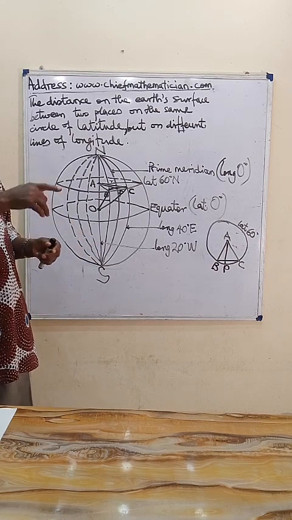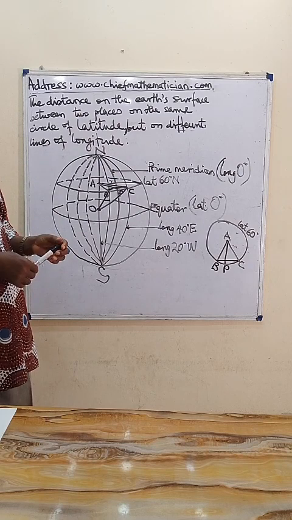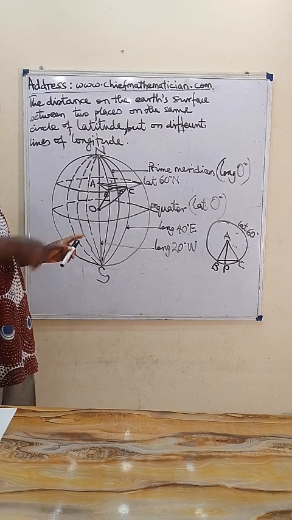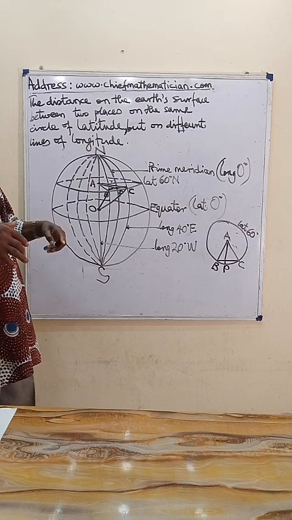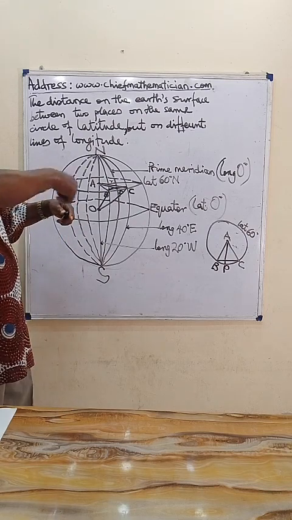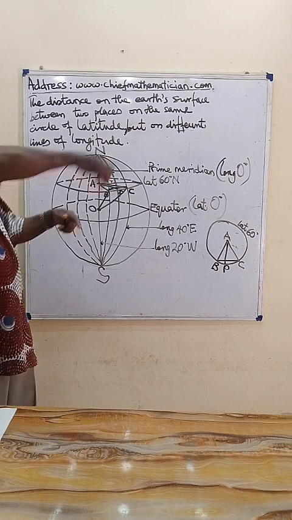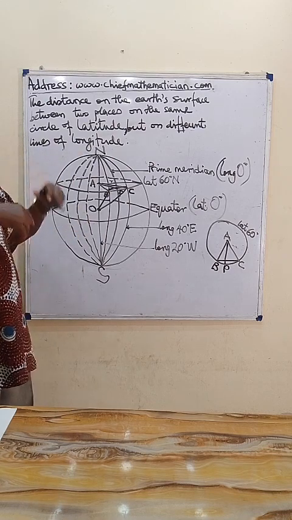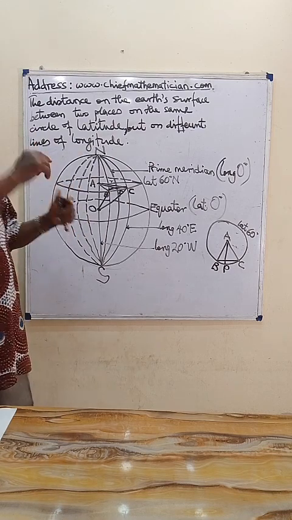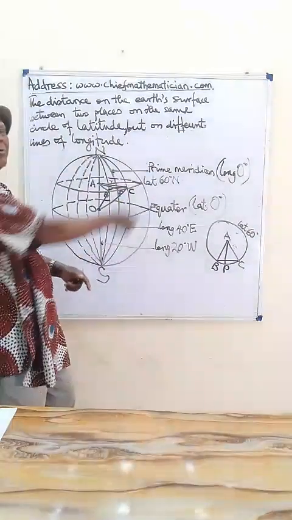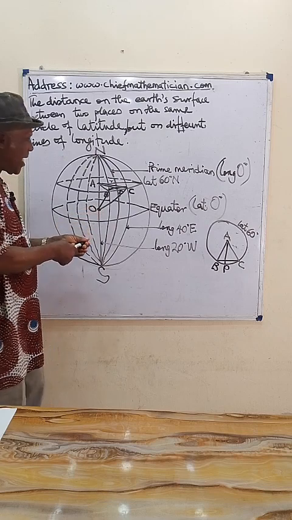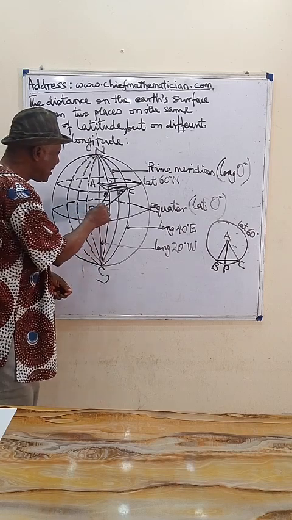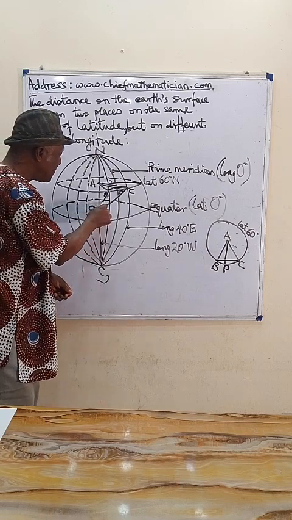But that chord is equally a distance between B and C, but not on the earth's surface. The ones that are on the earth's surface are this arc BC measured along that circle of latitude, and arc BC measured along a great circle where BC subtends this angle at the center of the earth.